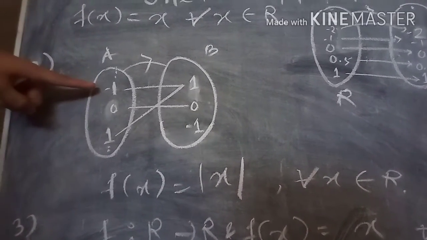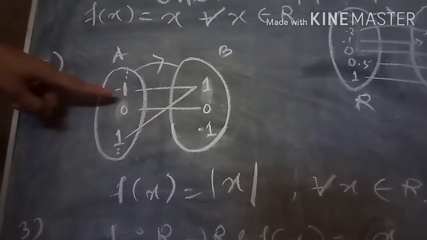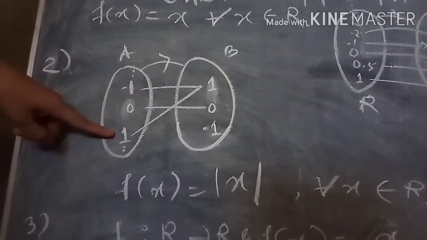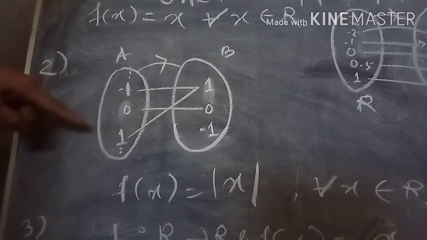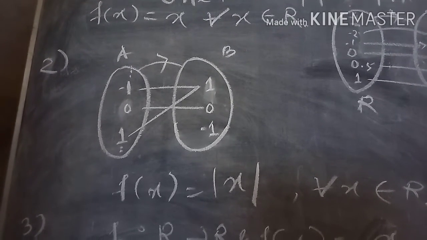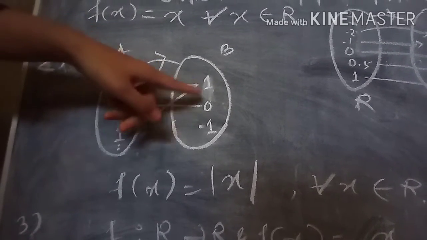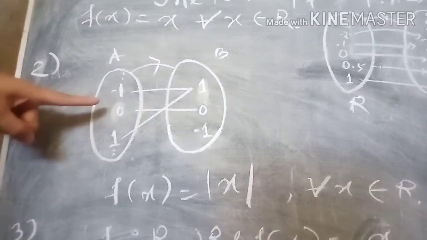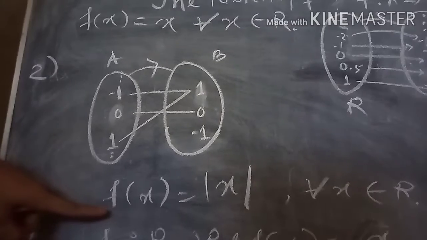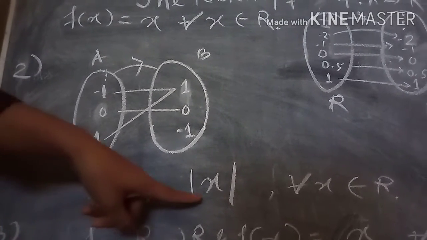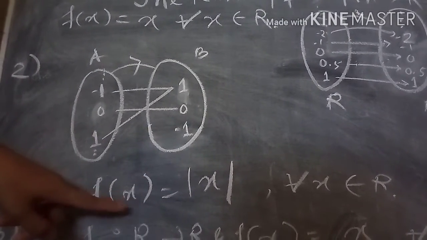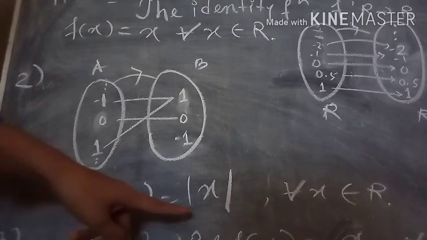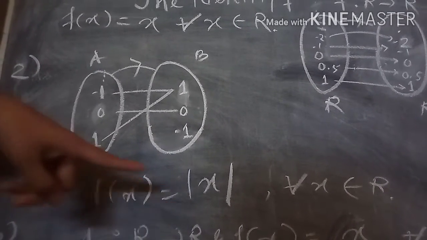Now we have taken 3 elements only here, -1, 0 and 1. No doubt these elements belong to the set of real numbers, and these also belong to the set of real numbers. Now since f of x equal to mod of x, that means for any element of x we have the positive value only.